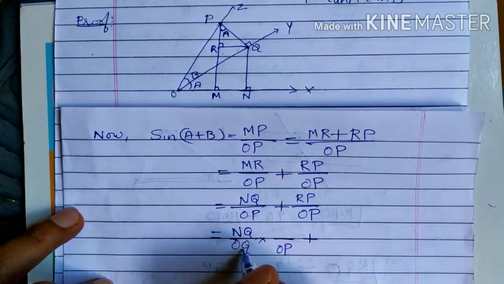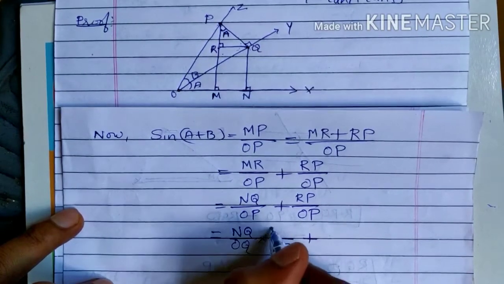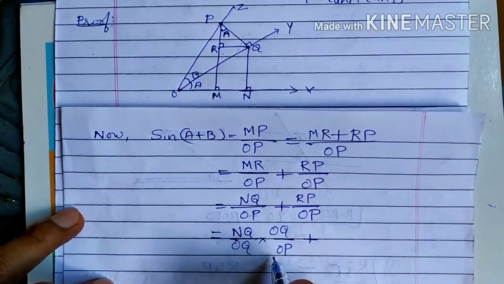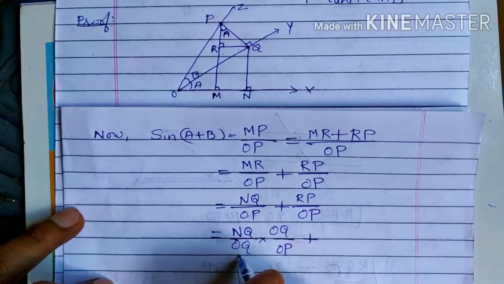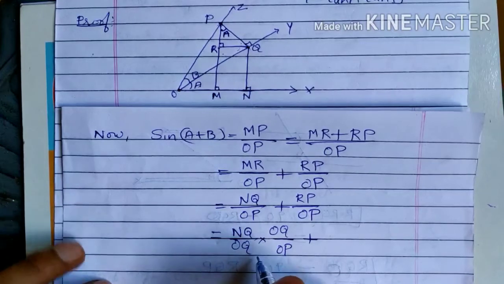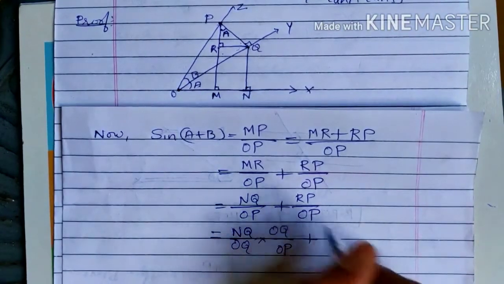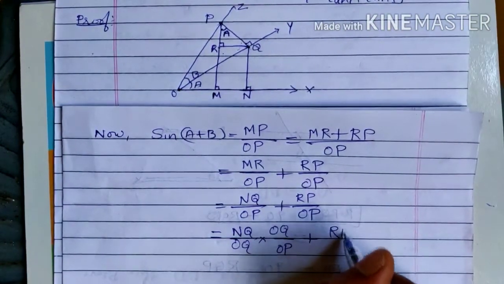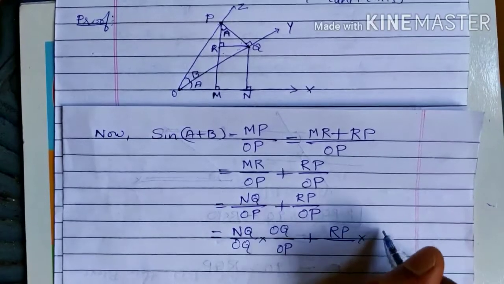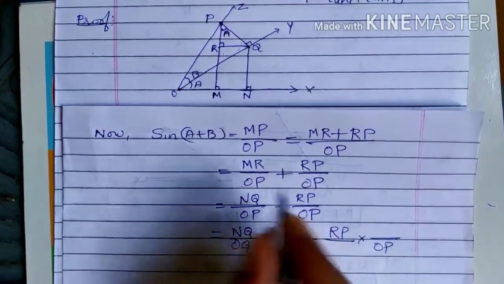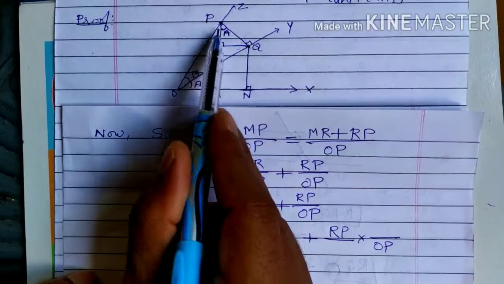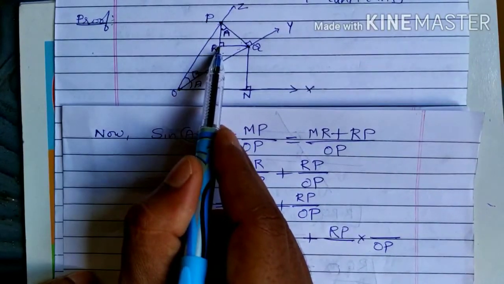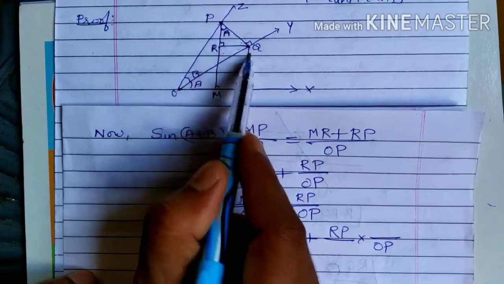If I divide by some other extra term, then I have to multiply by the same term, NQ by OQ, OQ by OP, otherwise the value will change. Similarly here, RP divided by PQ into PQ by OP. So here also RP, so I will consider PQ.